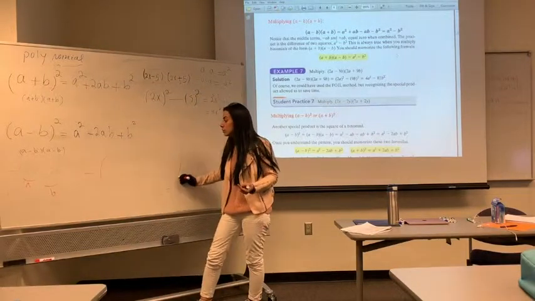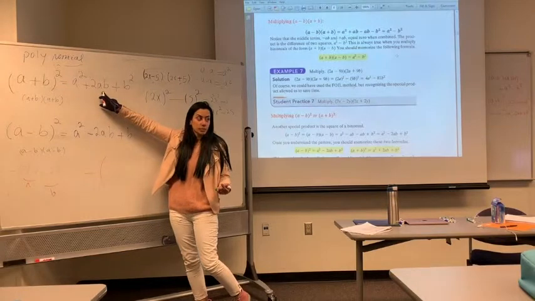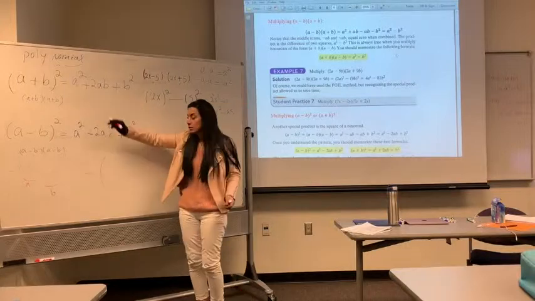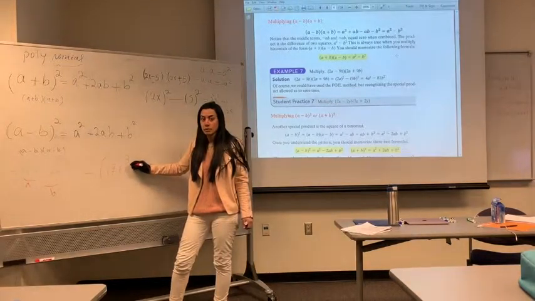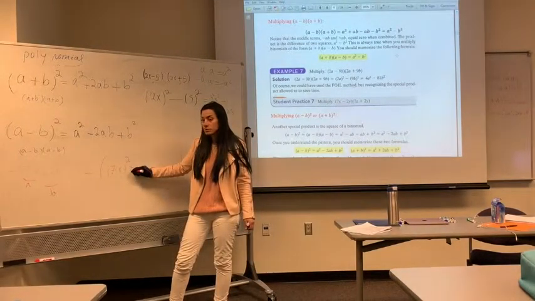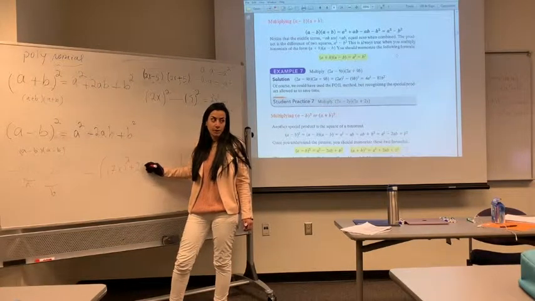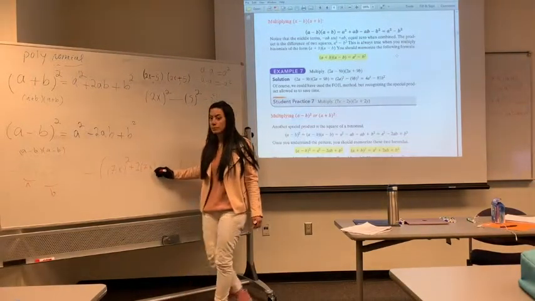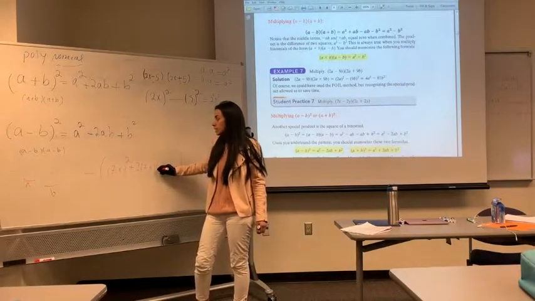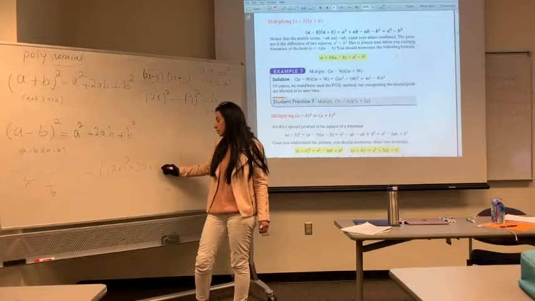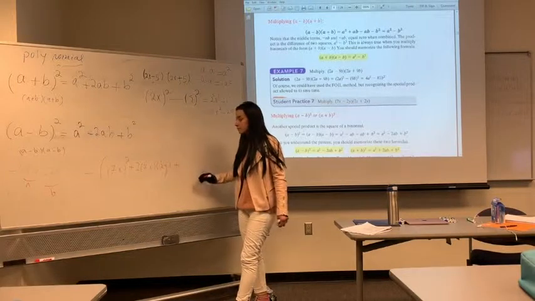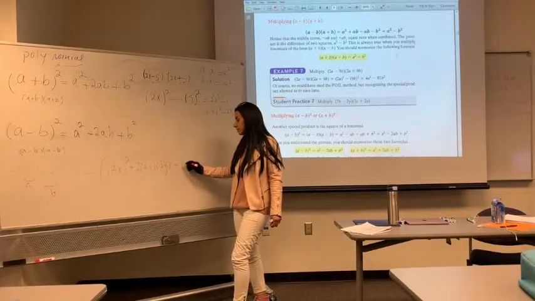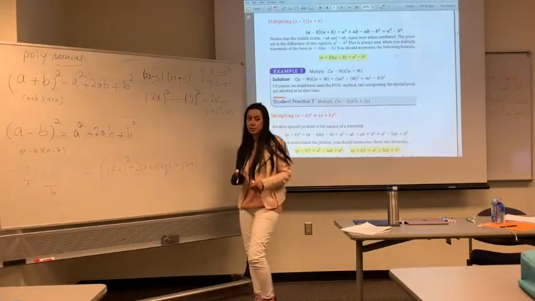In this parenthesis, I'm going to write down a squared plus 2ab plus b squared, using the formula. So a squared is (7x) power 2. Plus 2 times the first term, 7x, multiplied by b. b is the second term, which is 2y, and then b squared.